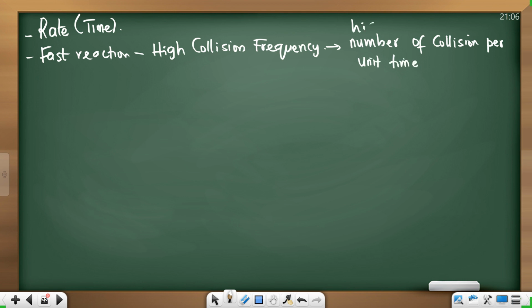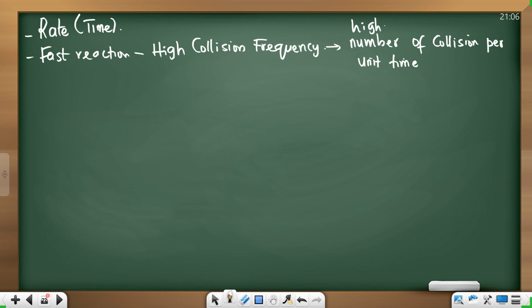A high number of collisions per unit time. And that is what rate is actually all about. So a fast reaction talks about high collision frequency, the number of collisions per unit time.